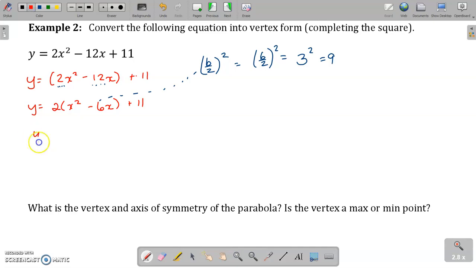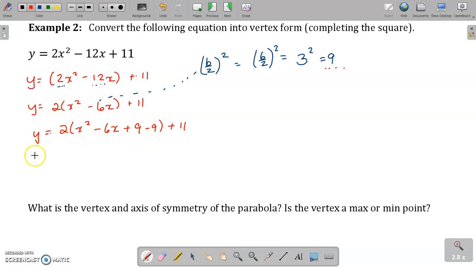So given that, then we have y equals 2 x squared minus 6x, plus 9, plus 11. So all I'm doing is I'm taking this and I'm adding it, then subtracting it. We're forcing, again, we're trying to make a perfect square trinomial, which we'll get from the first 3 terms.